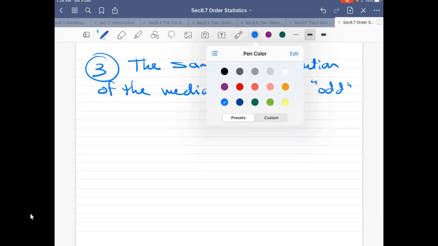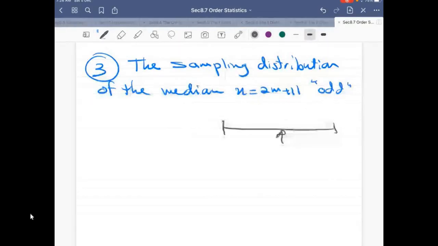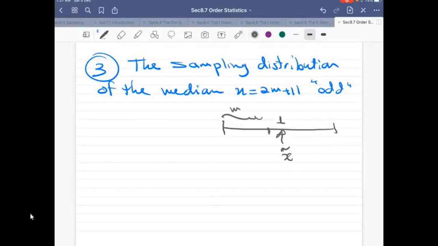In case the sample is odd, and then I will have what? The median is in the middle, taking one position. Before the median I will have here m variables. Okay, after the median I'm having here m variables. M variables are smaller than the median, and m variables are larger than the median.